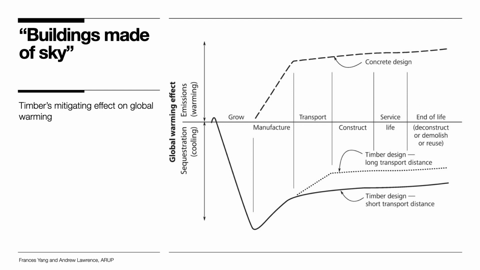The concrete design, many more emissions, and the timber design actually had negative emissions or sequestration. You can see there's divergence based on the transportation distance. But that's the only major factor, and still with a long transportation distance, we still have a benefit.